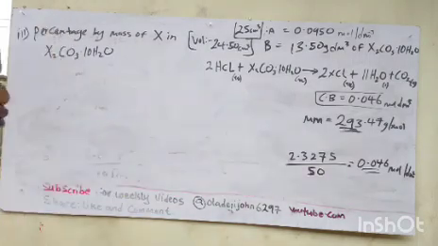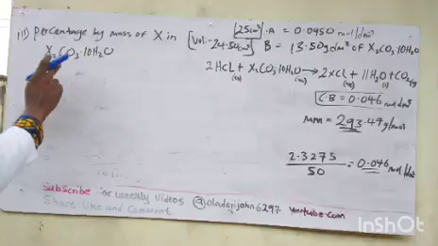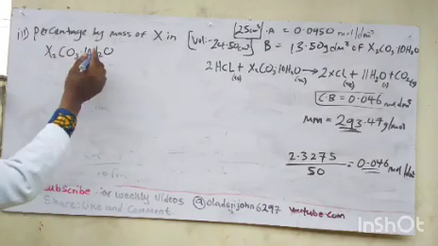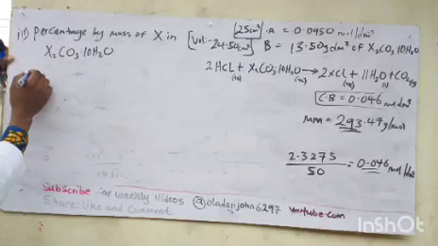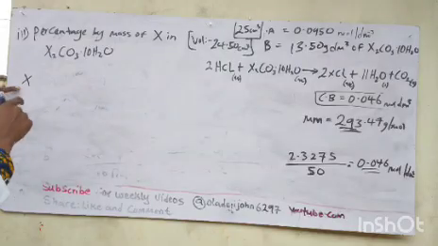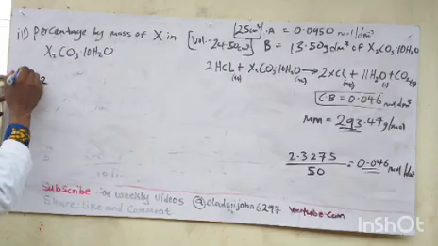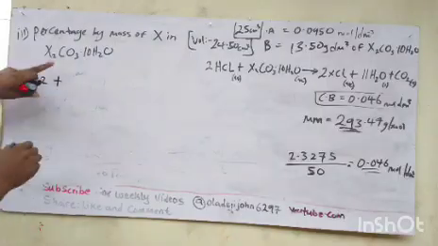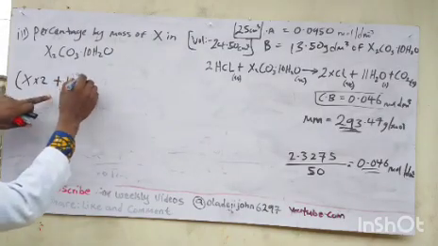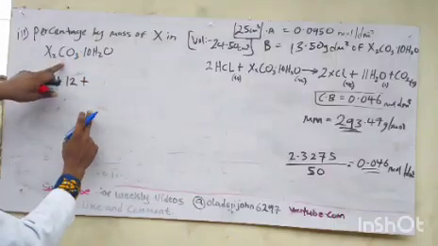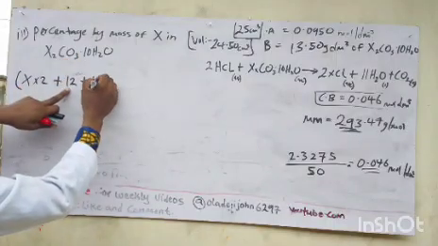Now, in the question, we have molar mass. Yes, this is the correct molar mass. So let's find out what we have here. We say the molar mass of X, times 2, plus carbon is 12, plus oxygen times 3.